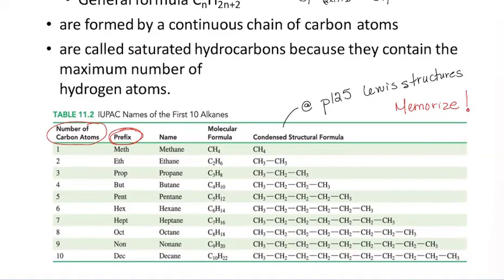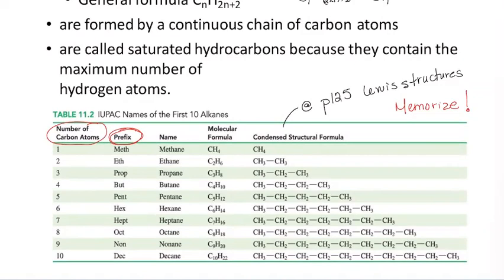Now, the ones that are not Greek prefixes are 1 through 4, because on 4, as you can see, the prefix is but. So for 4, the prefix is but. The name of that alkane is butane, and you can see the structural formula given there.